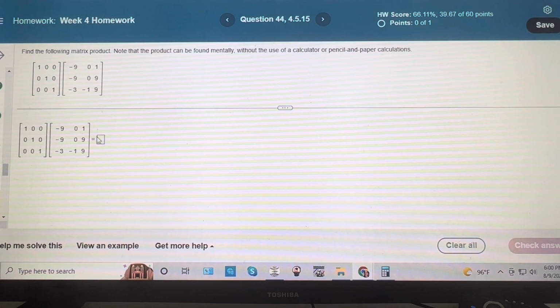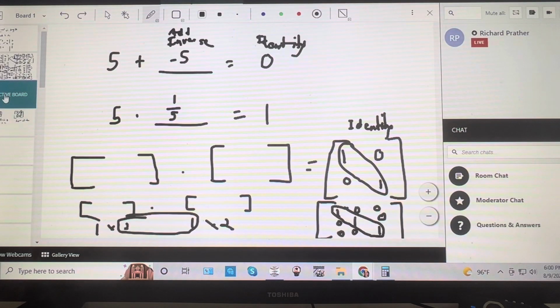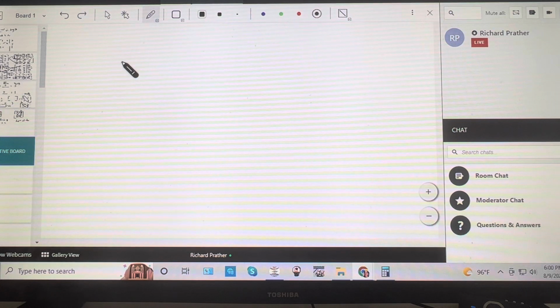Okay, so this is, again, let me show you this quick back here. If you do something in math and an operation and you take its inverse, whatever the inverse happens to be, the answer is an identity. An identity keeps you exactly the same as you started with.